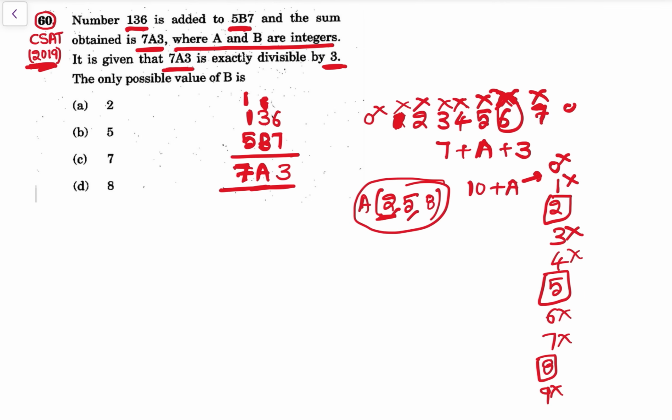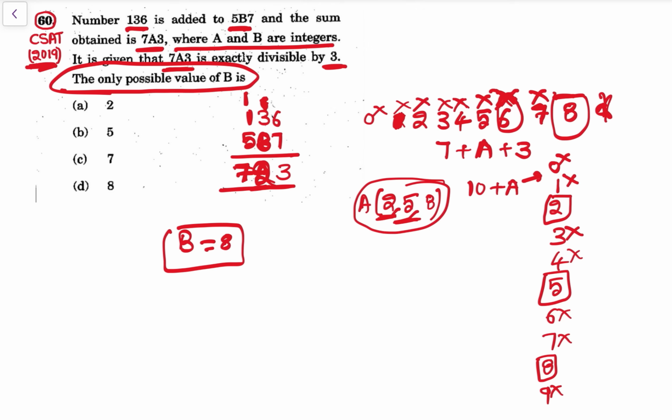So 7 भी नहीं हो सकता. 8, 8 है तो yes, b can be 8 because अगर 8 आ गया तो 1 ये 2 आ जाएगा. 723, 723 is possible. 9 नहीं हो सकता because then it would be 13. So we got value of b, that is 8. So what is the only possible value of b? That is 8 is the only possible value of b.